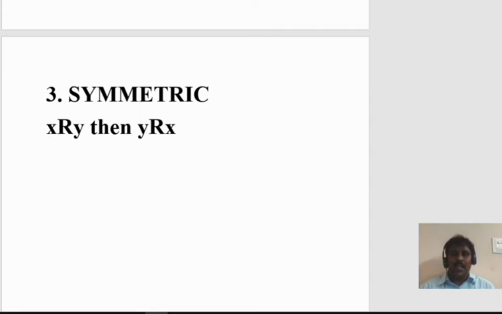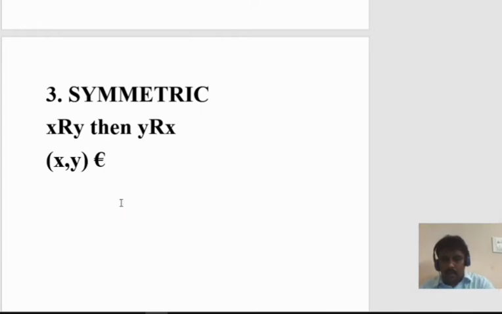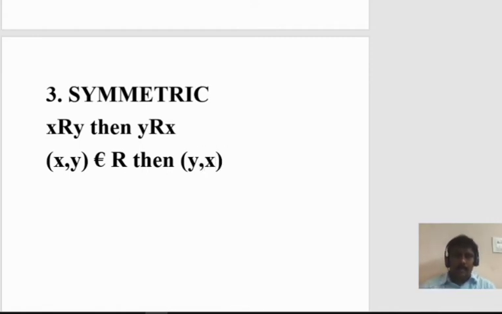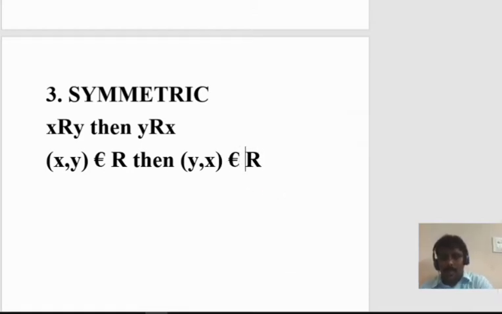Or we can write it simply like this also: if (x, y) belongs to R, then (y, x) belongs to R. So this is the symmetric property.